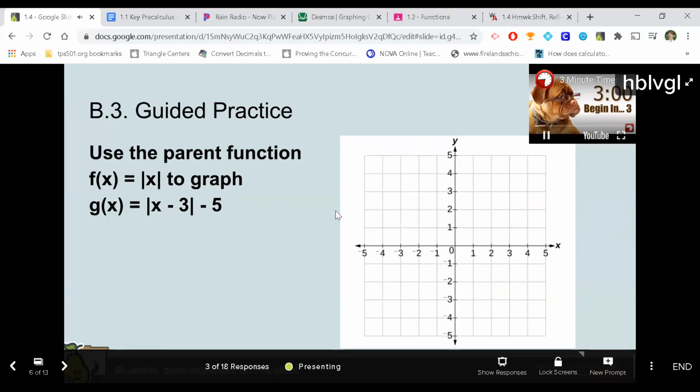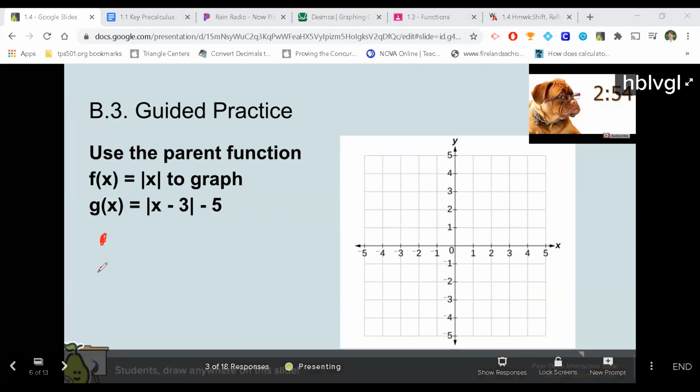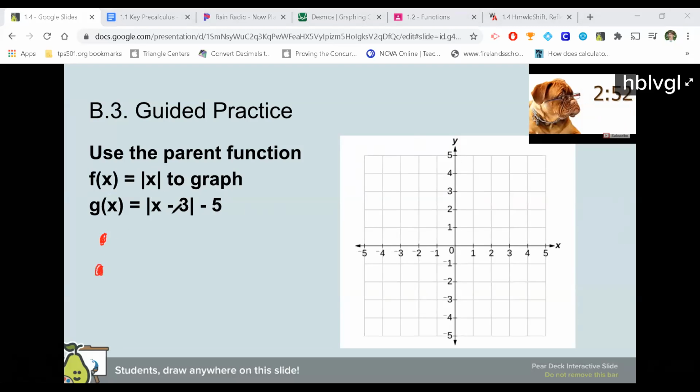The first thing you might identify is there's 2 things. What does the -3 and -5 do? And then do it.